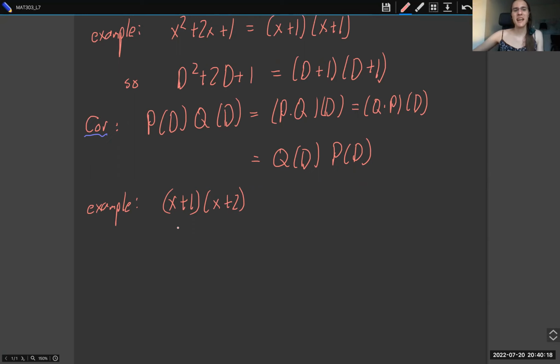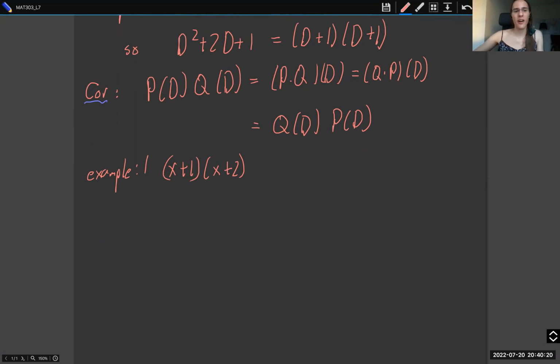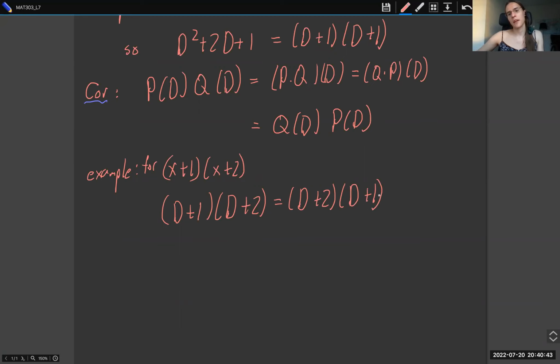We don't care about this. So for this, we have that (D + 1)(D + 2) is equal to (D + 2)(D + 1). So we can rearrange factors as well.